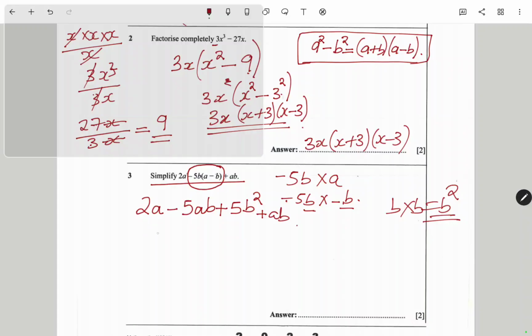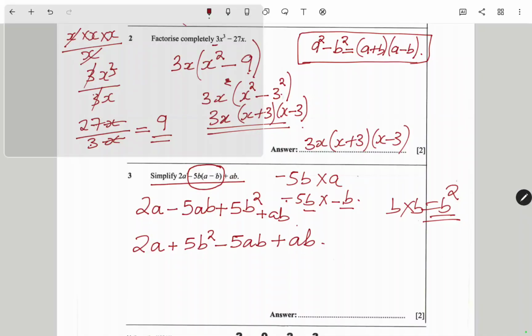So like terms together, since there's no equal sign, we can just rearrange. So this can be 2a plus 5b squared minus 5ab plus ab.